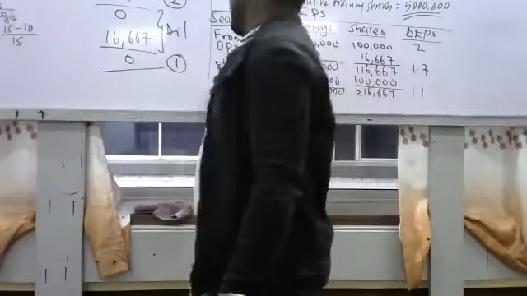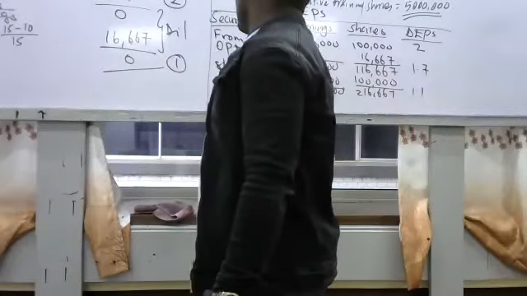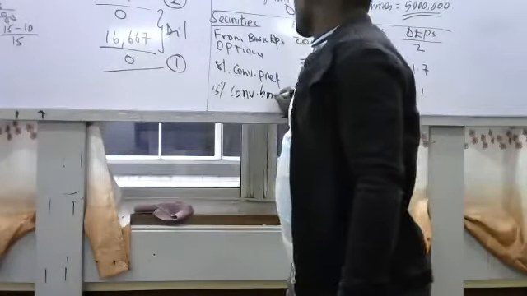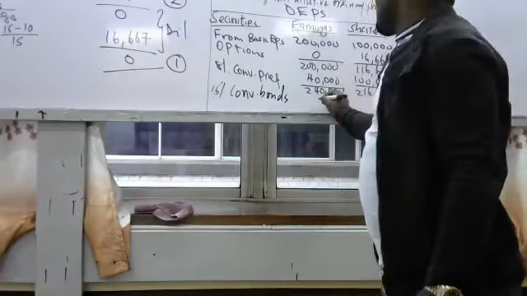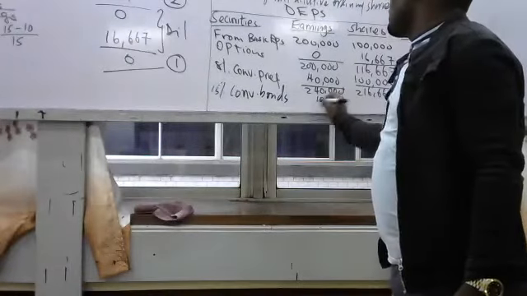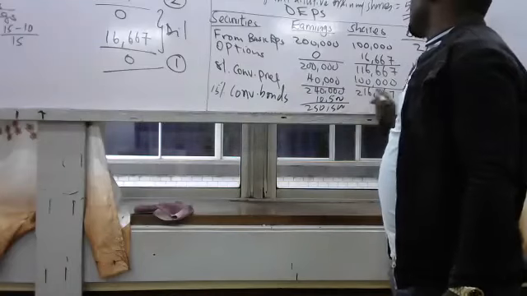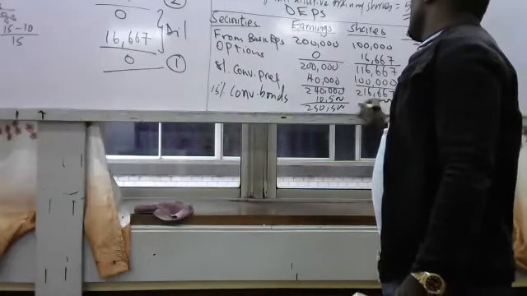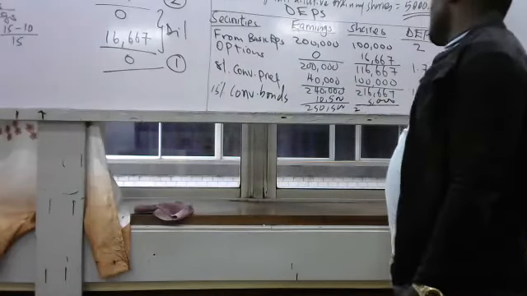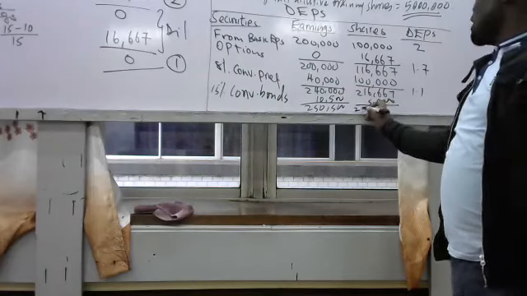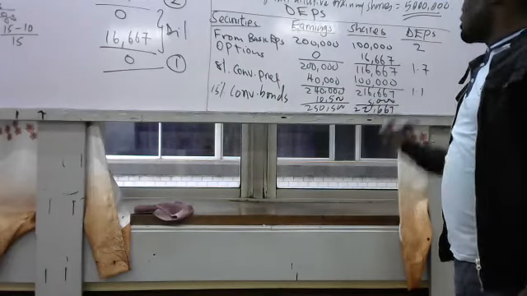Finally, 15% convertible bonds. This is 10,500. That is 250,500. This is 5,000. That is 221,667.